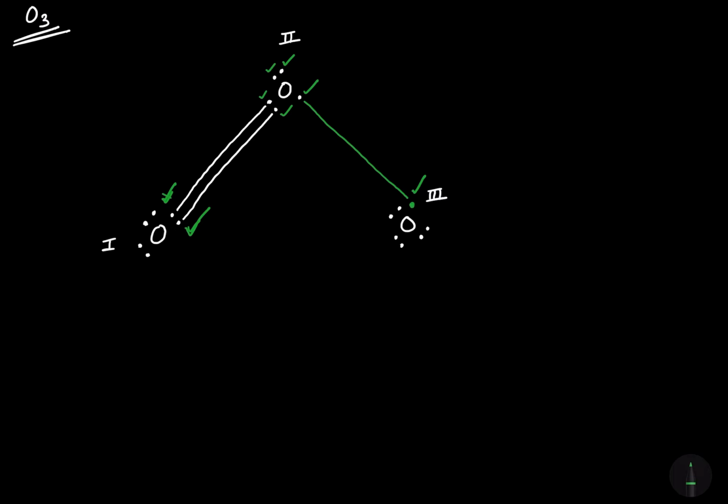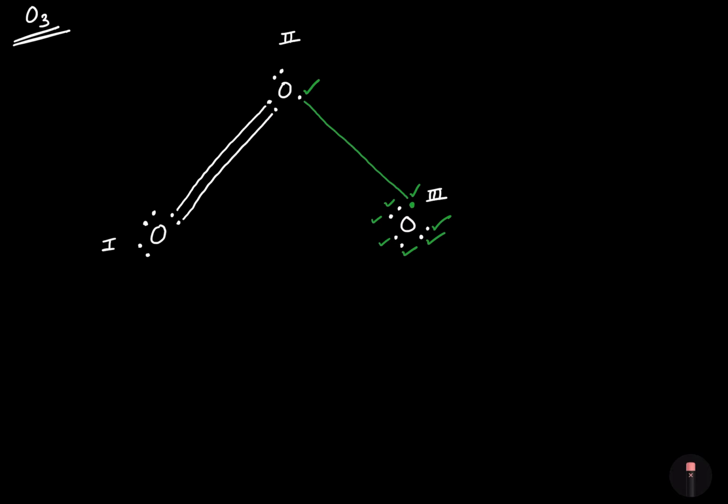Now let's count the total electrons of the third oxygen. Now it's number 1, 2, 3, 4, 5, 6, 7 and the number 8. So the octet of the third oxygen also gets completed.